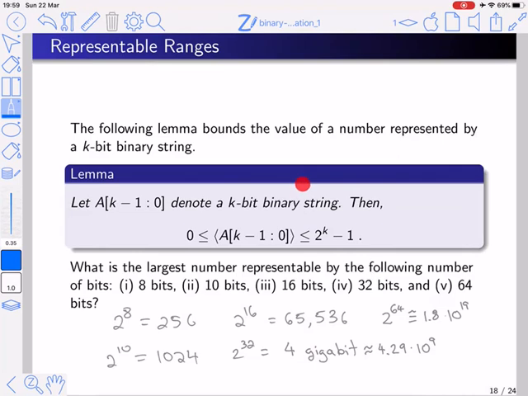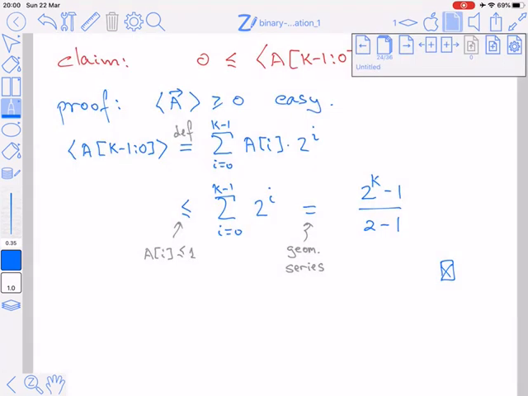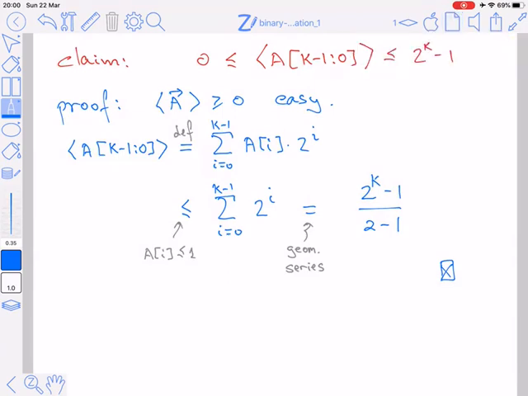Okay, so now we want to prove this lemma. The first part, that the number that is represented by a binary string is never negative, follows from the definition directly. Let's now provide this upper bound. The number that is represented by A is this power series. Now, every coefficient over here is either a 0 or a 1.